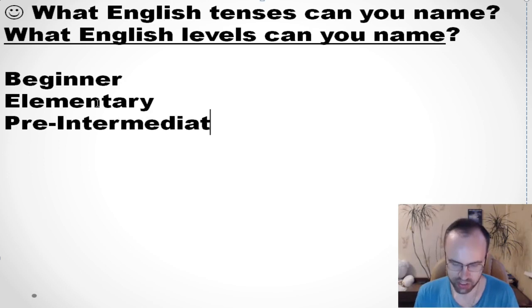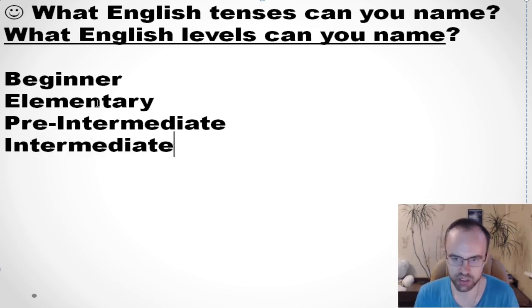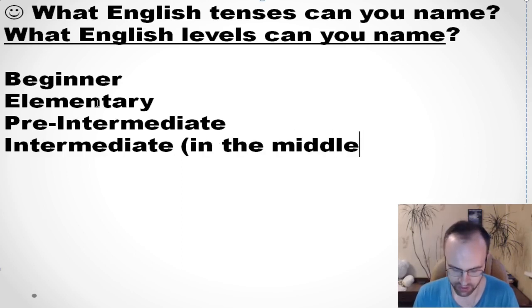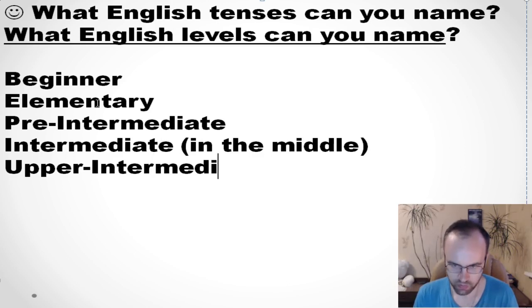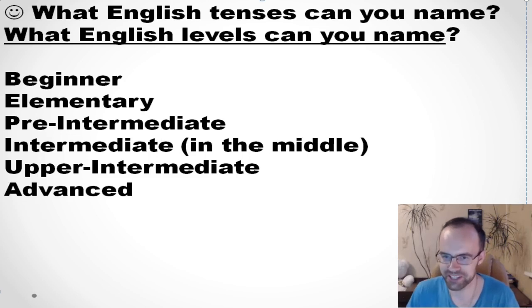Next, pre-intermediate. Okay, what's next? Intermediate. Intermediate, so it's somewhere in the middle. Then we have upper intermediate and advanced. Okay, very good. Well done, my friends.